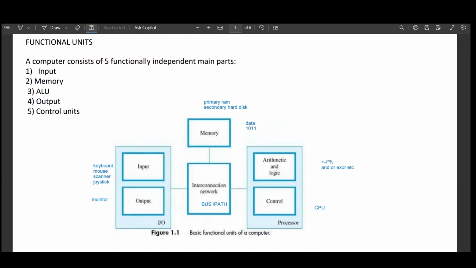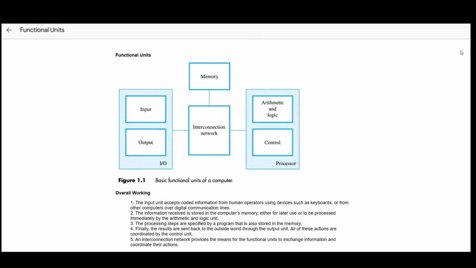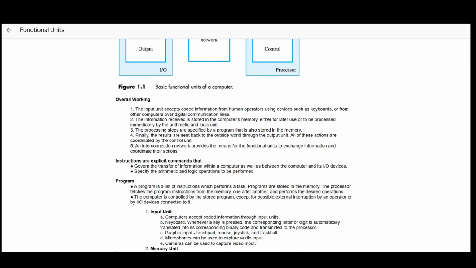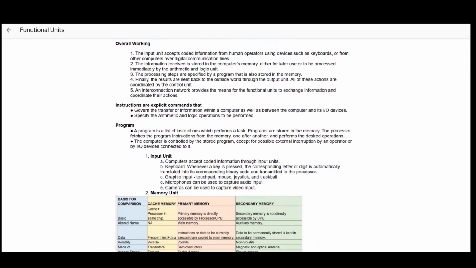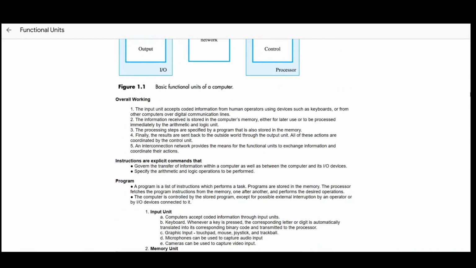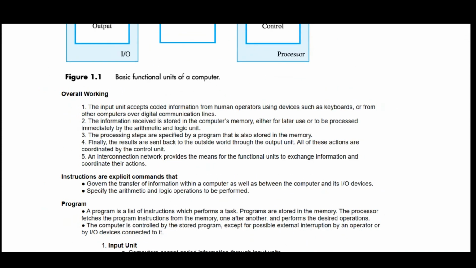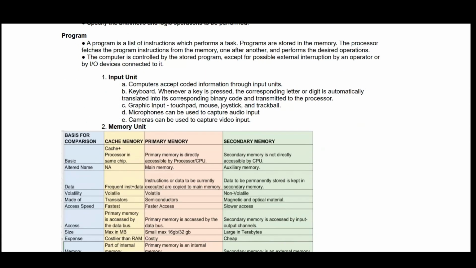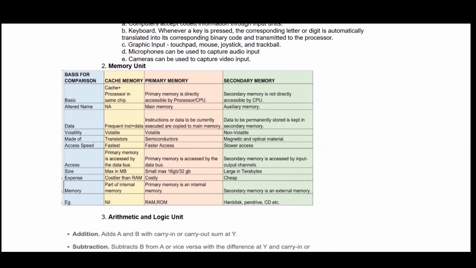Further moving on, here I have the notes. You can pause and go through these notes that I've given here. It describes what the input unit does, what instructions and programs are, and these are the definitions that you have to write.